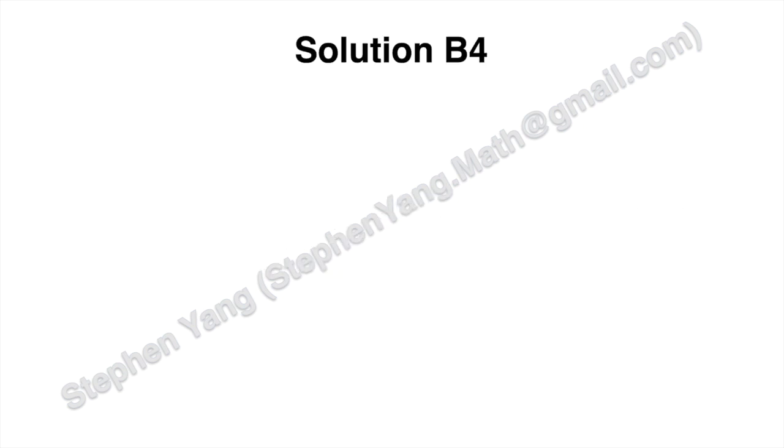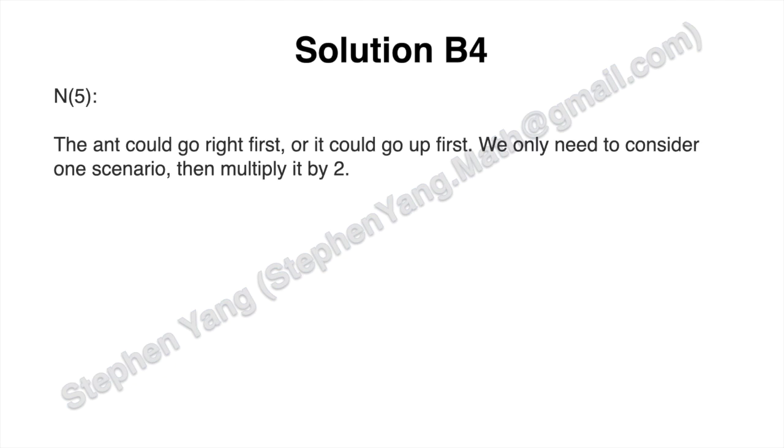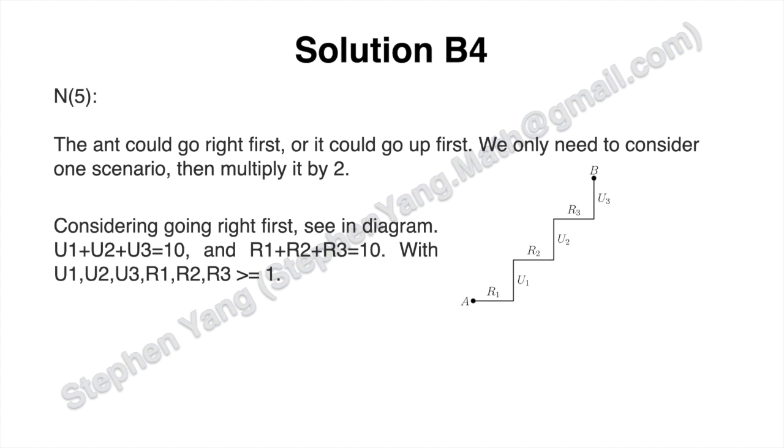So first, let's calculate n5. The ant could go right first, or it could go up first. Actually, we only need to consider one scenario and then multiply by 2, and we'll get n5. So let's consider the ant going right first. In the diagram, the ant goes right by R1, then up by U1, then right by R2, then up by U2, then right by R3, and then up by U3.